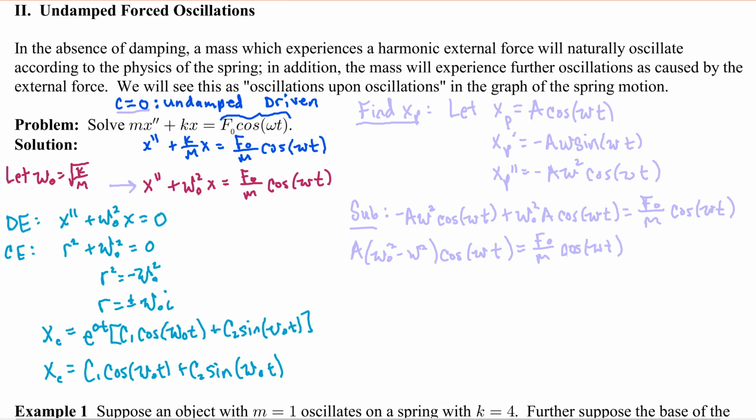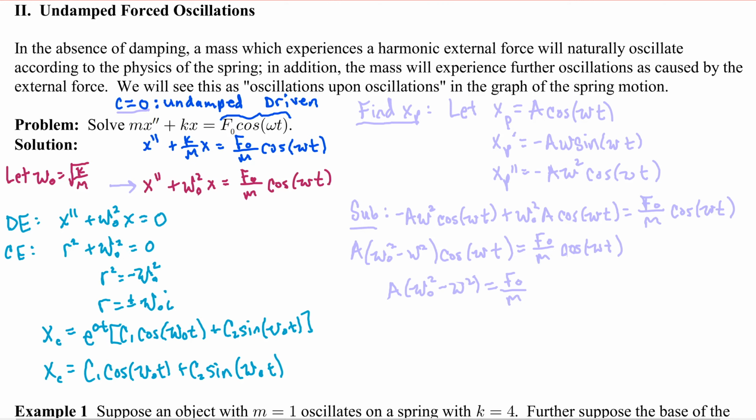Now, we're going to set our coefficients of the cosine function equal. Again, this is the method of undetermined coefficients. The coefficient of cosine on the left, if this is an identity equation, should be equal to the coefficient of cosine on the right.